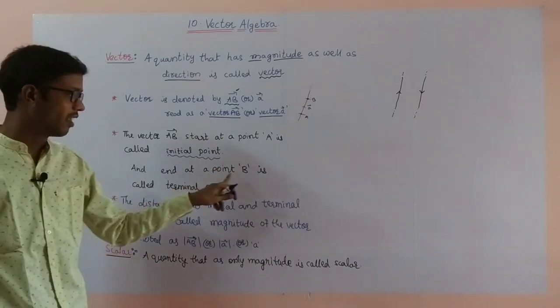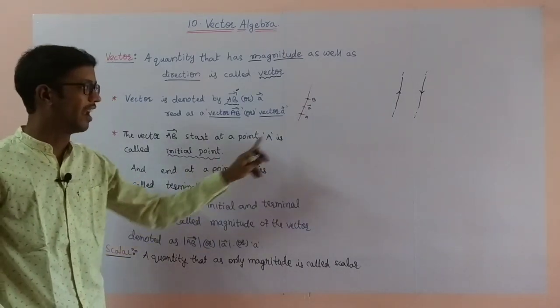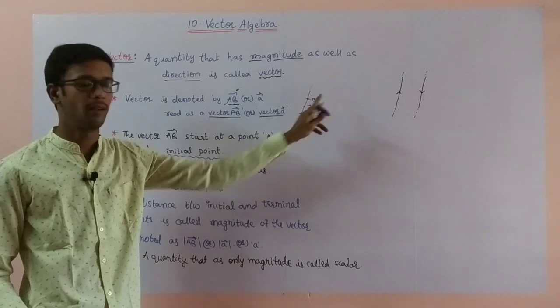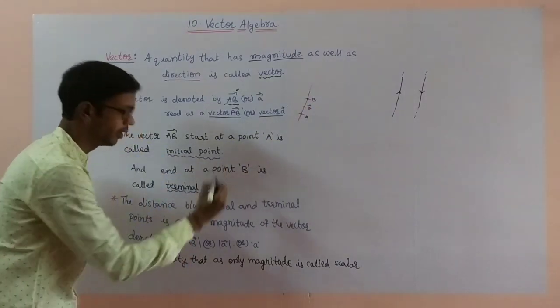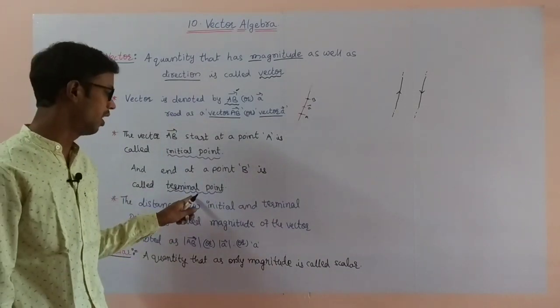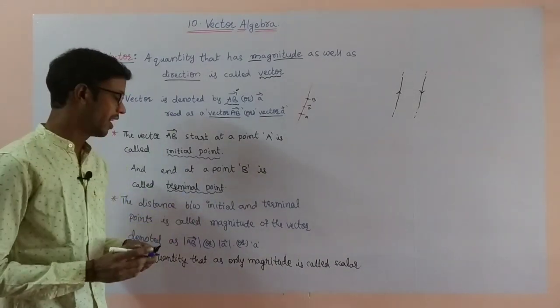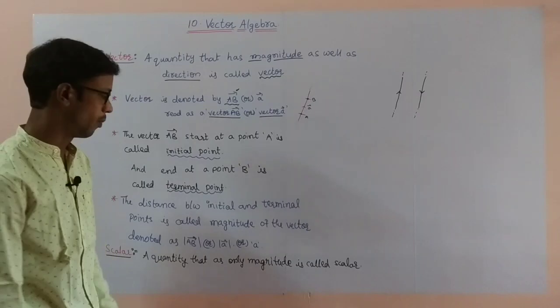The vector ends at the point B. The ending point is called the terminal point.